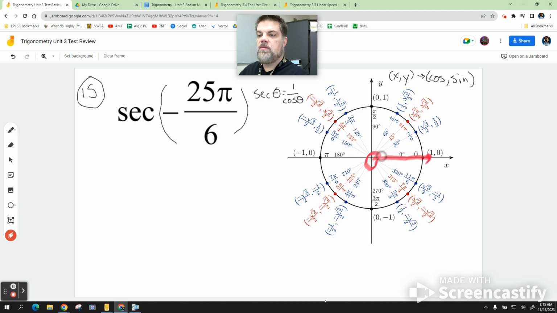So then how many more pi over 6s do we have to travel? Just one more. So this is our reference angle, right? If you're not quite sure, I'll show you how to double check this on the calculator, but you should be able to do this without the calculator. But this goes here, and so you go around one full revolution, then a second revolution, and then right here.